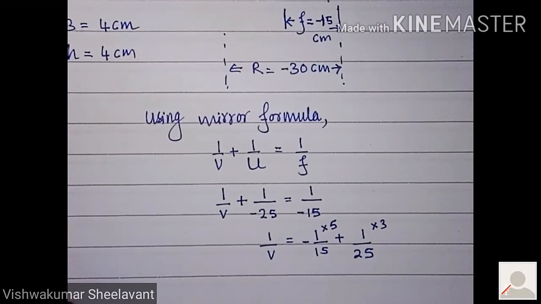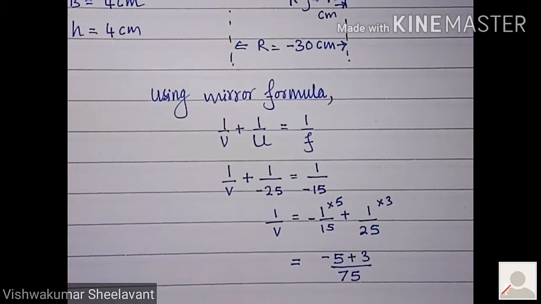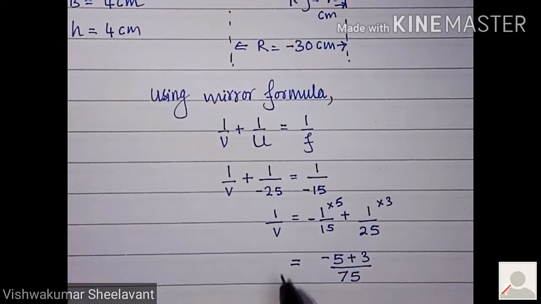If you multiply and divide both fractions by 5 and 3 respectively, you will get LCM as 75. So minus 5 plus 3 divided by 75 we will get. So this is 1 by v.